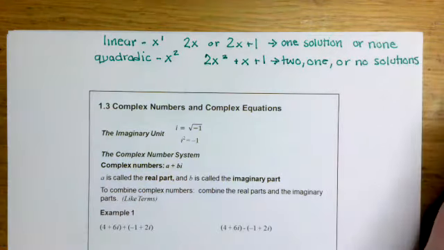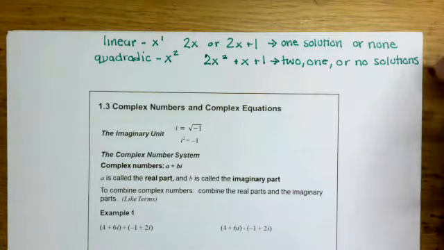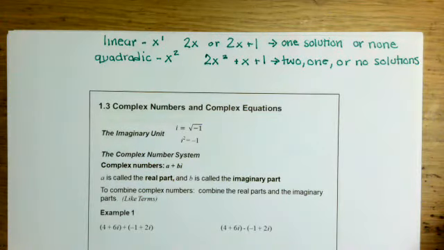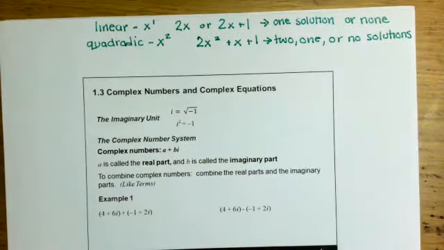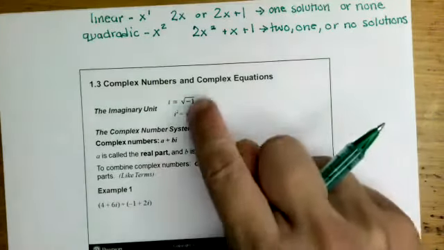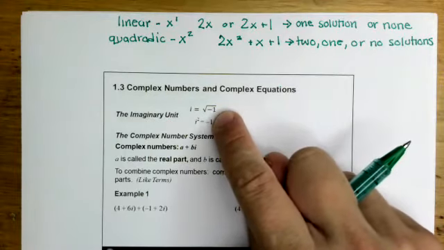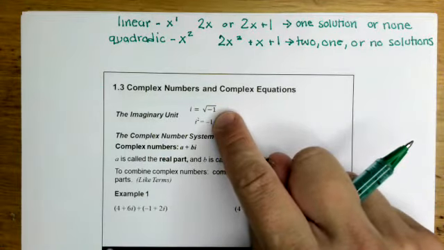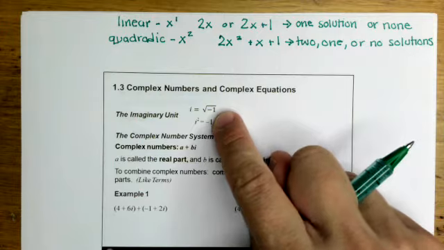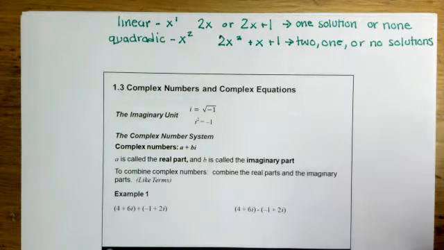We also talked about finding the solutions using the quadratic formula, and we had to stop the process if we got a negative number under the square root sign. We have to say there's no solution to the problem.